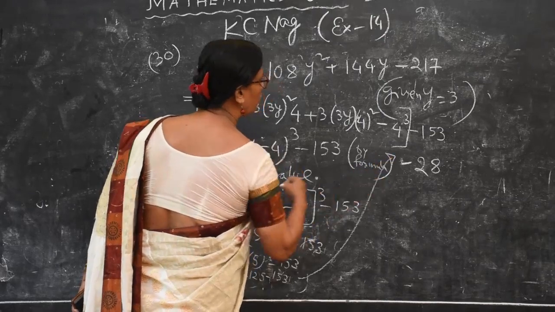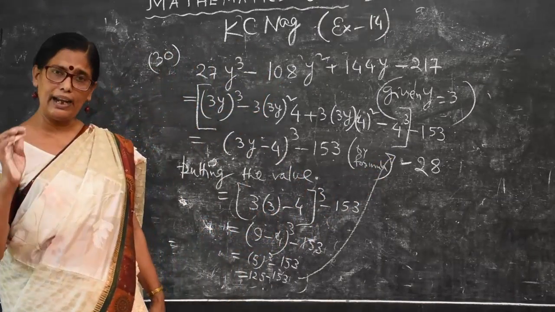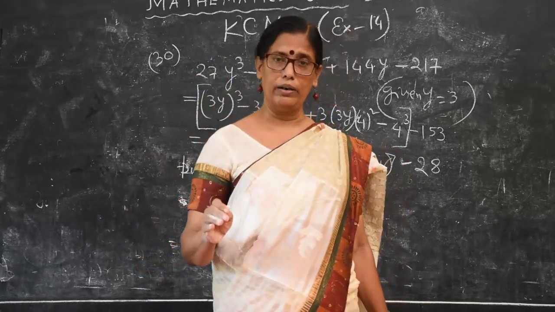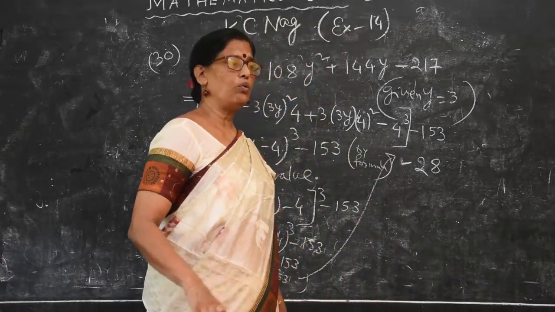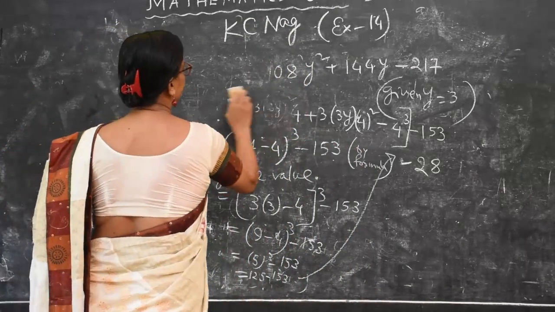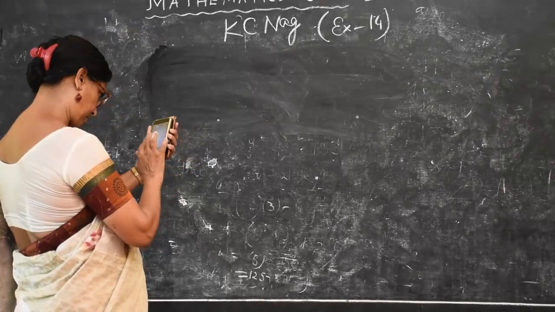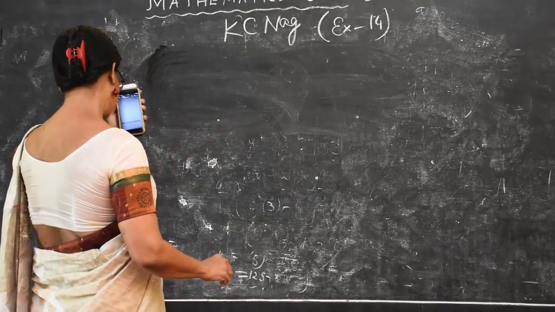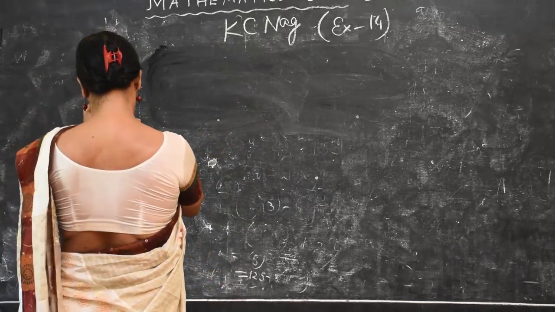Which line you write? Use the formula only on that line, the right hand side. Okay? Now we go for the next one. One or two more sums are sufficient for the easiness, so I just use one or two more sums.